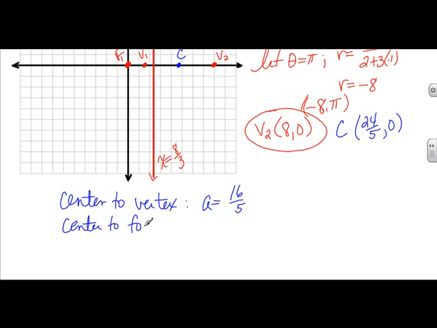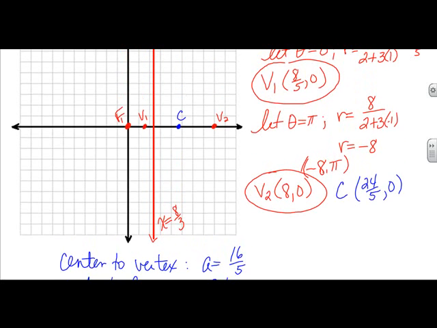So our second focus, the first one we've got is 24/5 of a unit to the left of the center. Now we want to measure 24/5 of a unit to the right of the center. So 24/5 plus 24/5 is 48/5. The second focus, point F2, is going to have coordinates 48/5, 0.